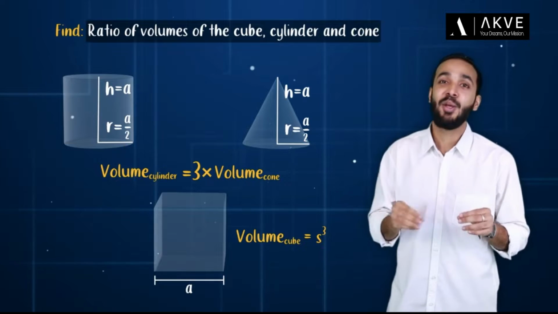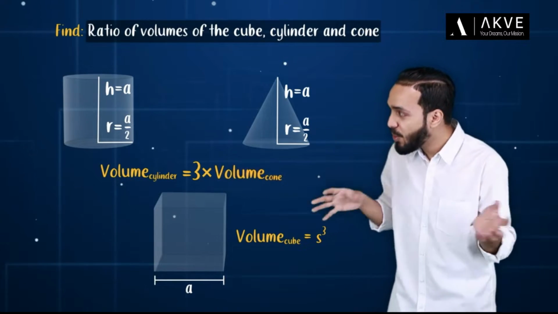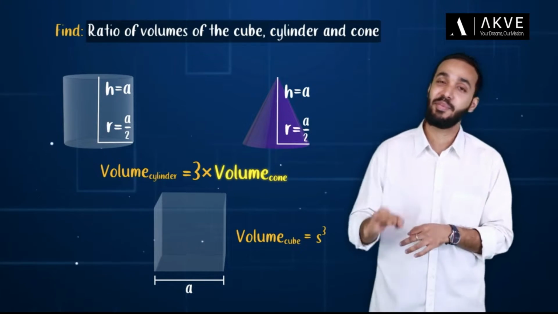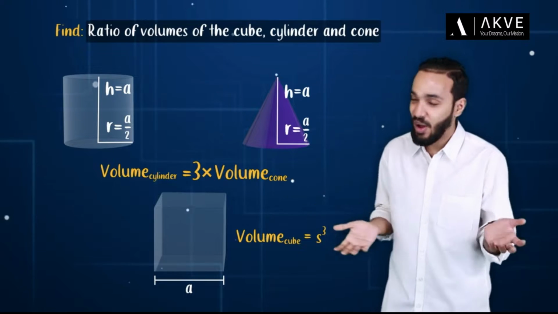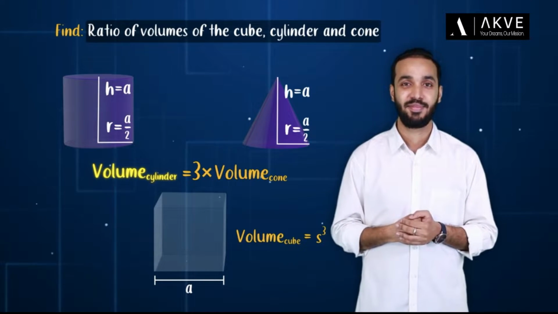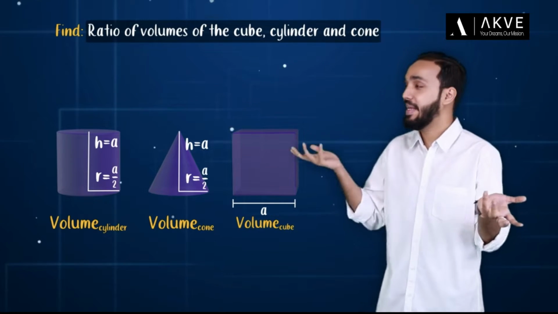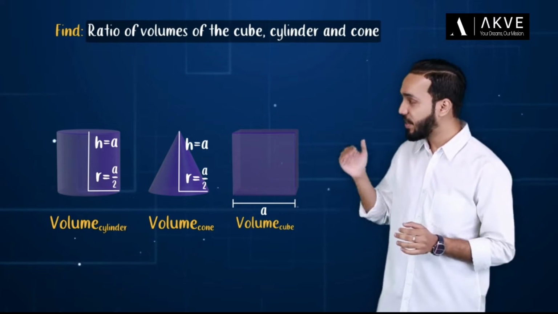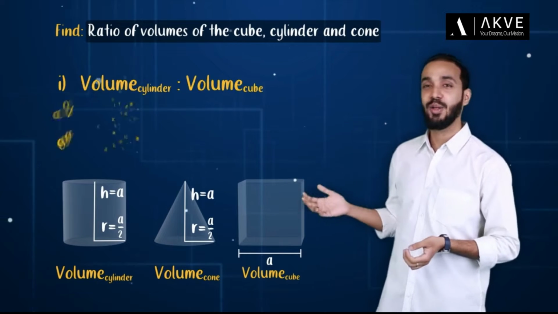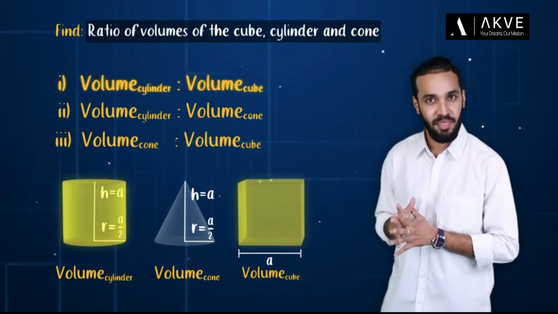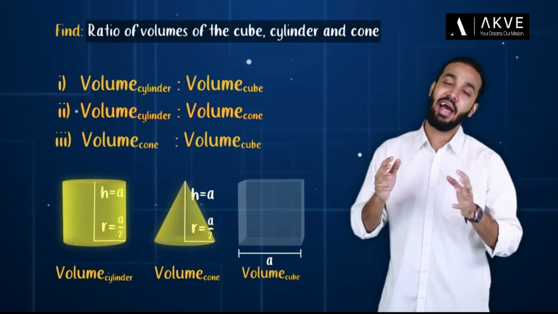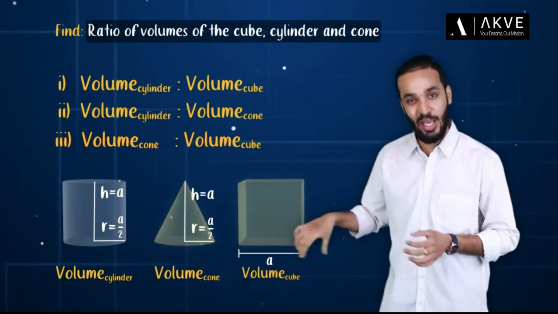So here you can find the volume of only the cone and then multiply it with 3 to get the volume of the cylinder. Once all the volumes are known, you can easily compare them to get the required ratios of the volumes of cylinder and cube, cylinder and cone, and even cone and cube.